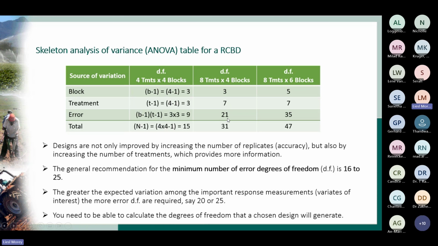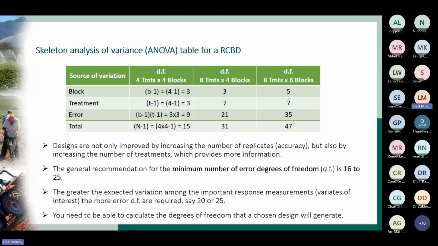You will see you have 21 degrees of freedom for error. And if you then still increase the number of blocks, you will be able to have 35 degrees of freedom for error. So there are different ways to increase the size. You don't always have to do more replicates. You can just do more treatments.